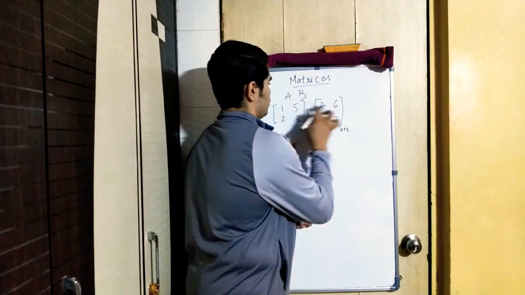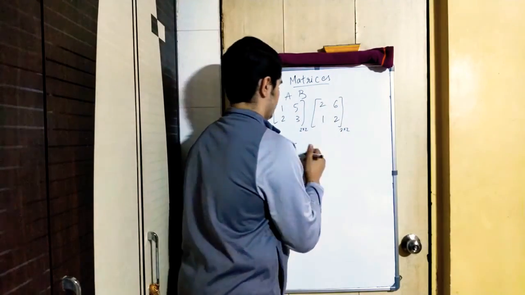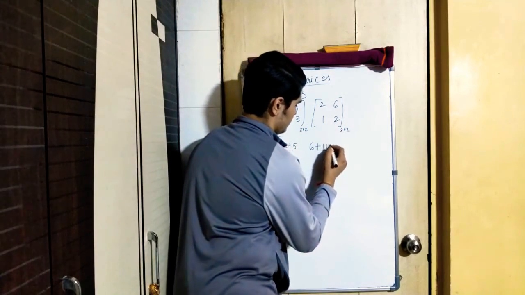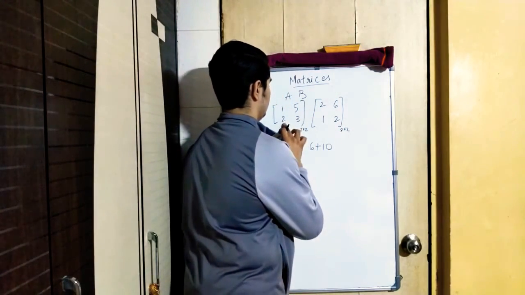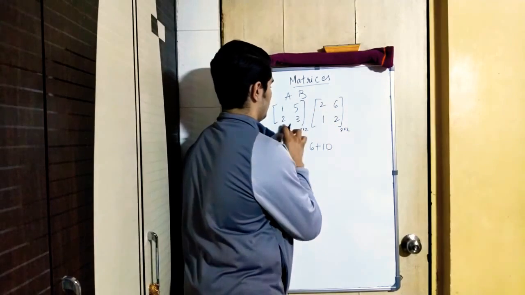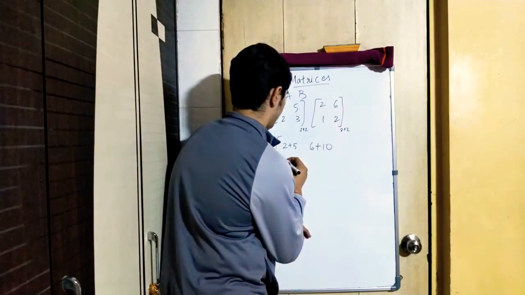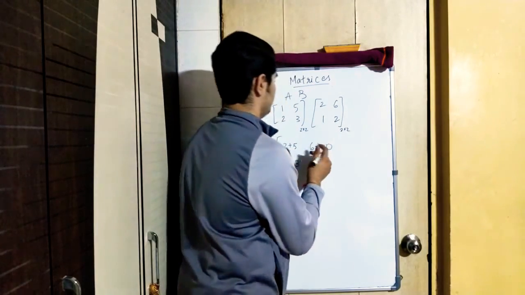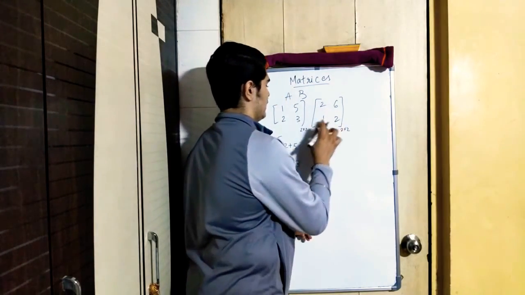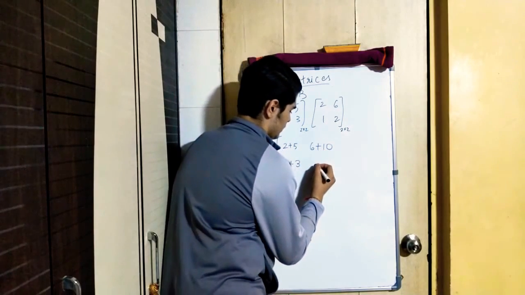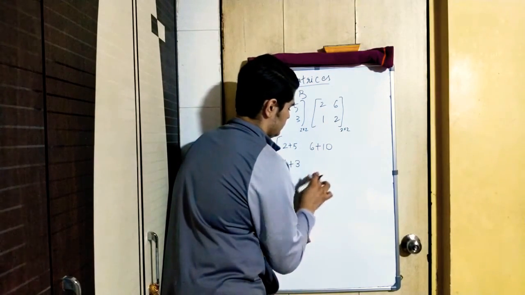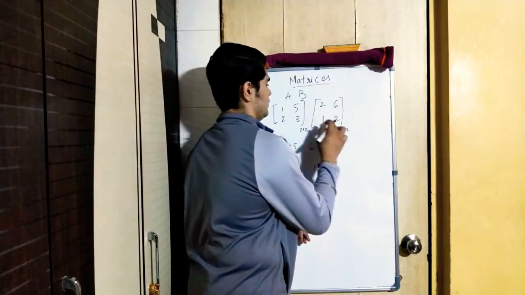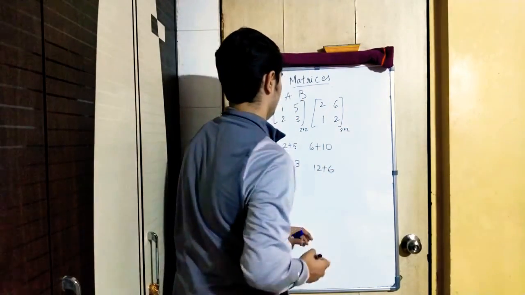Then first row, second column. So 1 into 6 is 6, 5 into 2 is 10. Now second row, first column: 2 into 2 is 4 plus 3 into 1 is 3. Again, second row, second column: 2 into 6 is 12 plus 3 into 2 is 6.